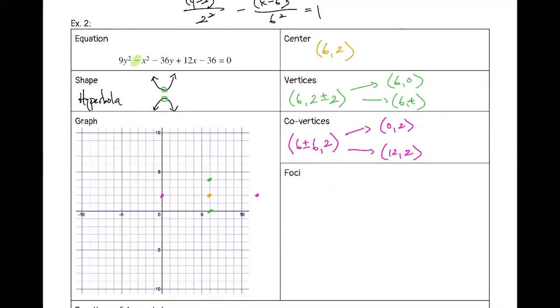Now, if we were to find our foci right now, we would want to remember that it's c squared equals the two denominators added together. So that's going to give me c squared equals 4 plus 36, or c equals the square root of 40. Okay? And I am going to add and subtract this number from the y value of my center.